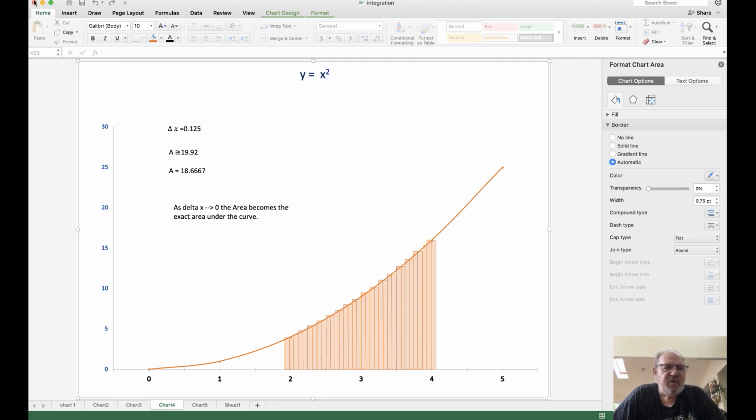Okay, so let's go back to the drawing board. When we look at this more from a mathematical point of view, this idea of the rectangles, we have delta x under the x-axis.